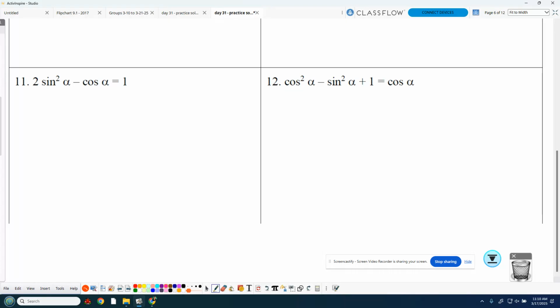Who do I get rid of? For number 12, I have cosine squared, sine squared, and cosine. I can change cosine squared into sine squared or sine squared into cosine squared. Which one should I get rid of? Sine squared, because there's cosines floating around. Okay.